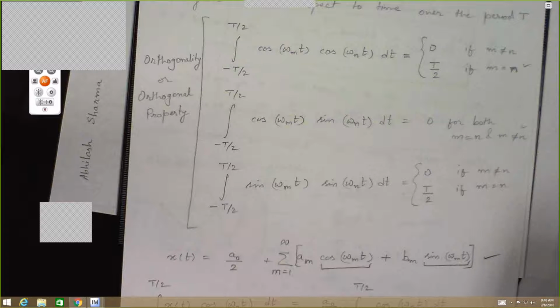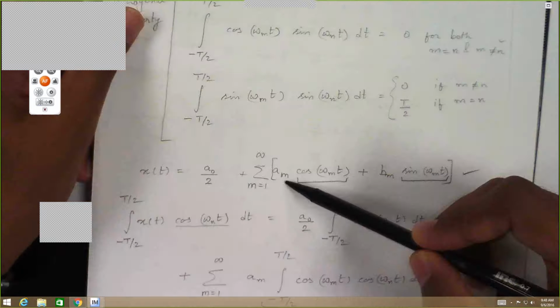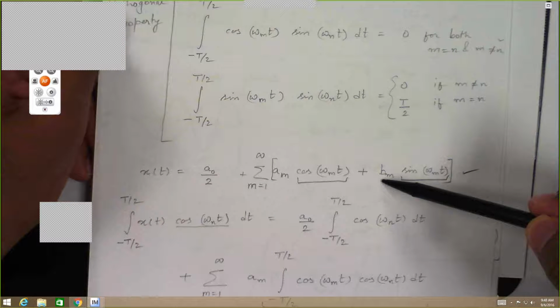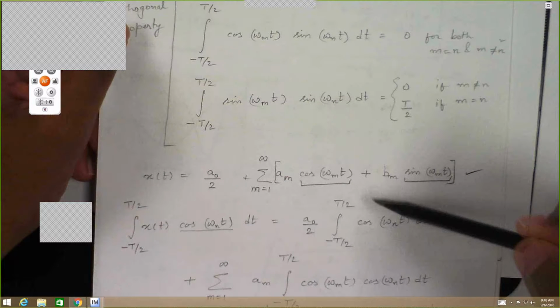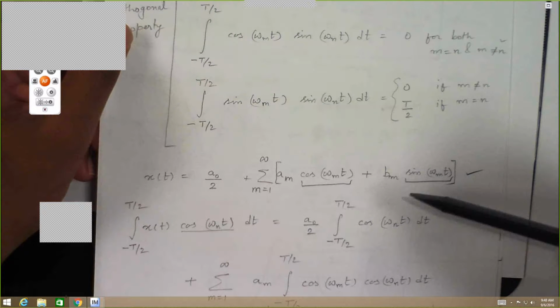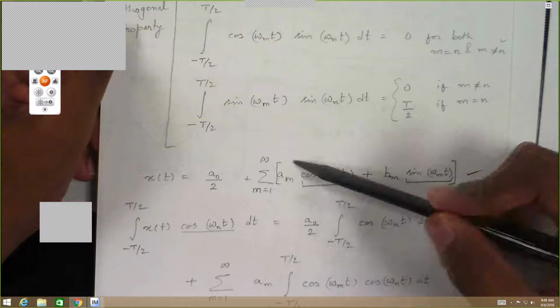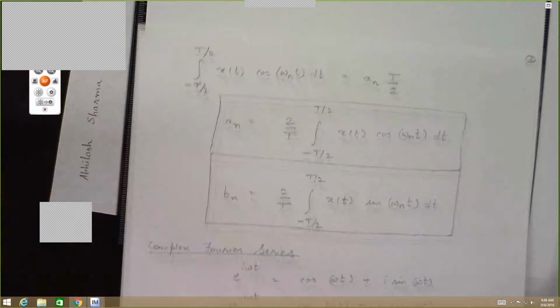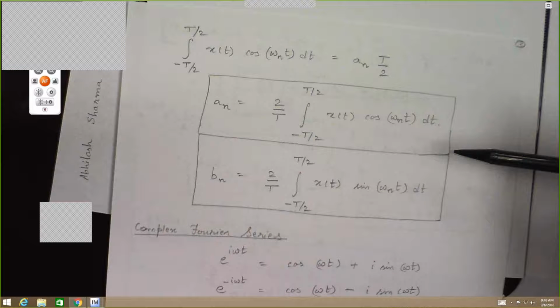So through this, we were able to get an expression for these coefficients a_m and b_m in our Fourier series by multiplying the signal by the cos of omega mt and integrating it so that all the rest of the terms in the series go to 0 on the right-hand side, and all you're left with is the coefficient a_m. And we were able to get the coefficients as these.